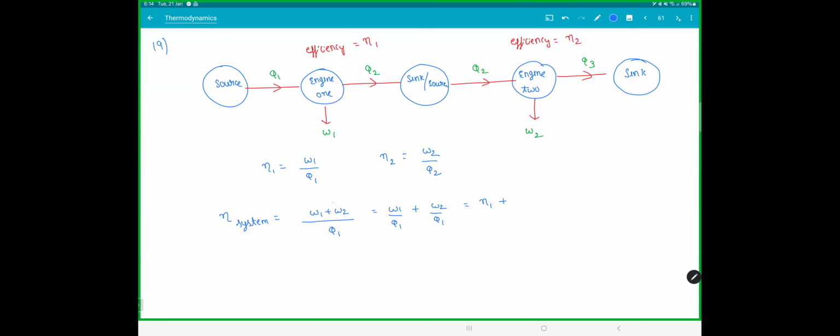I need to eliminate W2 by Q2. Let's not bring that. Q2 is how much? Q2 is Q1 minus W1, because Q1 is W1 plus Q2. So I eliminated Q1, so this became Q2 plus W1.